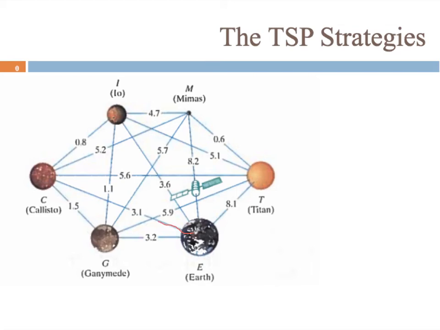So we're going to take this, so let's write the values over here. So 3.1, and at this point we can either go down to site G 1.5, we can go to Titan over here for 5.6, 5.2 to Mimas, and 0.8 to Io.